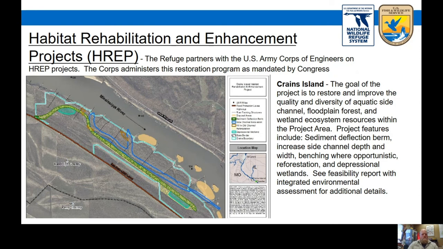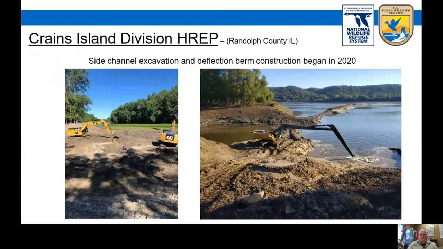Also included are some wetland features and an excavated side channel. Pictures from later in 2020 of active construction, digging of the side channel and some construction of the beginnings of the sediment deflection berm there on the left.